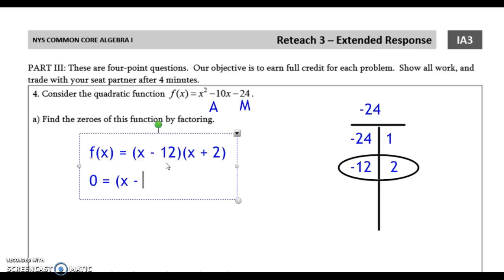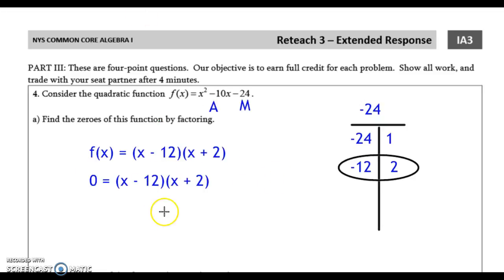So I got x minus 12 and x plus 2. Next, I'm going to use something called the zero product property, which means that when I multiply two things together to equal 0, one of them equals 0. So on this side, I'm going to write down 0 equals x minus 12. I can take it out of the parentheses, and the same thing here. x plus 2 equals 0.